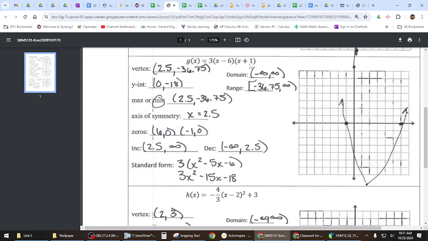Any questions on just the vertex? Okay. Y-intercept, how do you get it from this intercept form? Yep. Just like always, we'll make the two x's be 0. So we'll get -6 times 1 times 3. So -18. And a is, what is a in this problem?